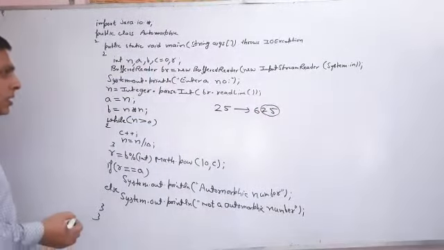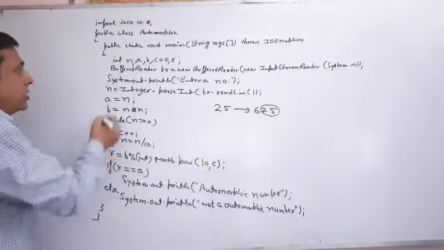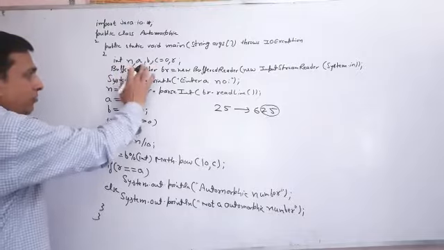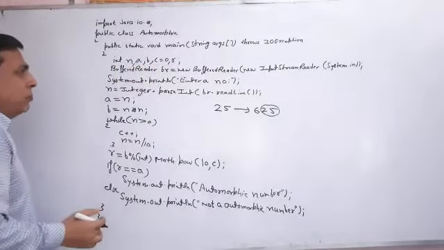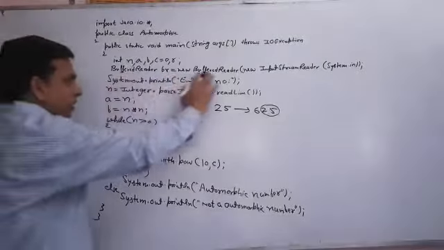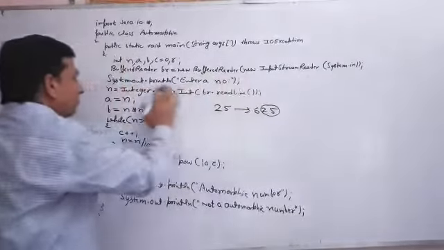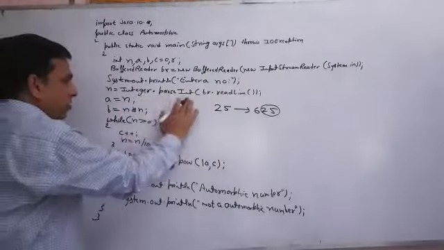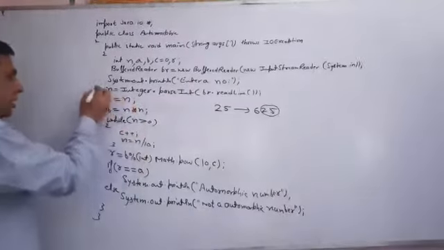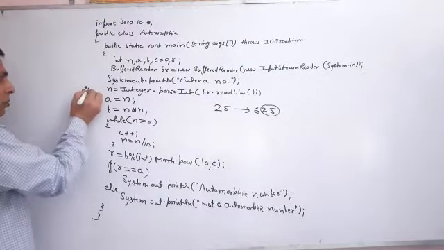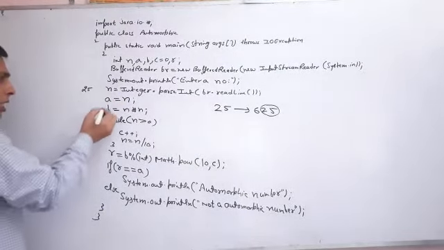So what are the required variables here after public static void main? n contains the number, and a few more variables we have taken: a, b, c equal to 0. Then the BufferedReader is activated. Enter a number: n equals Integer.parseInt(br.readLine()). Suppose in n we have entered the number 25.